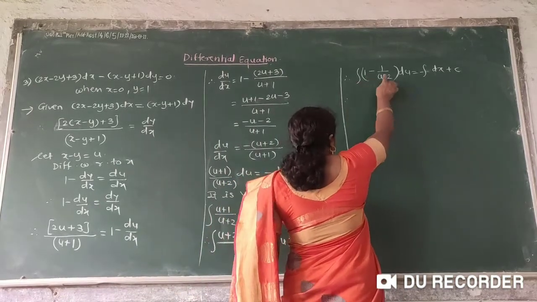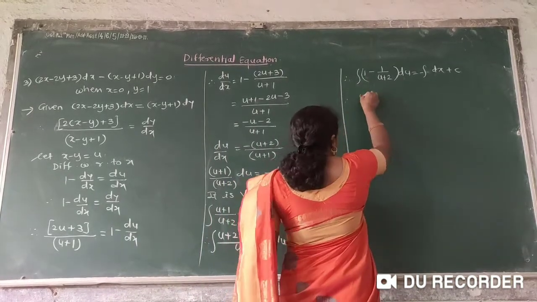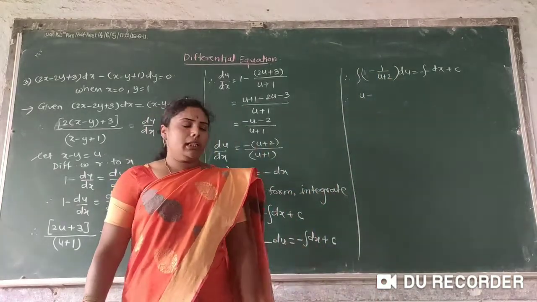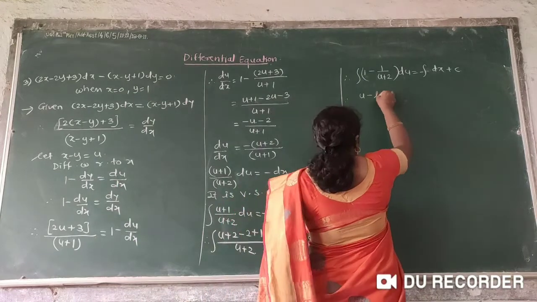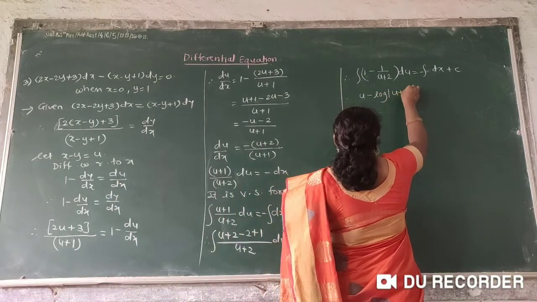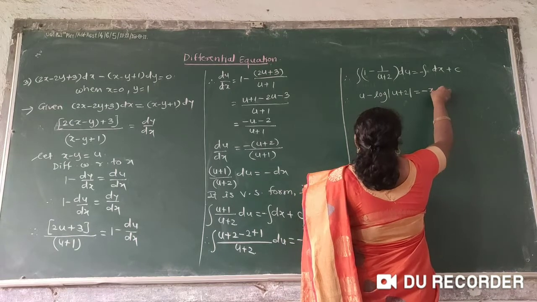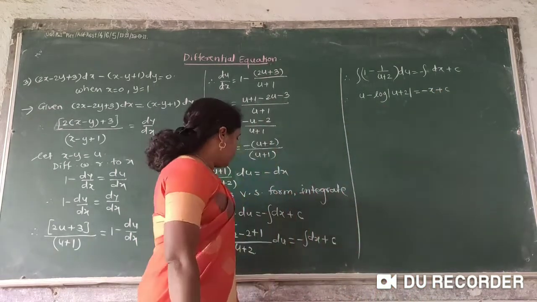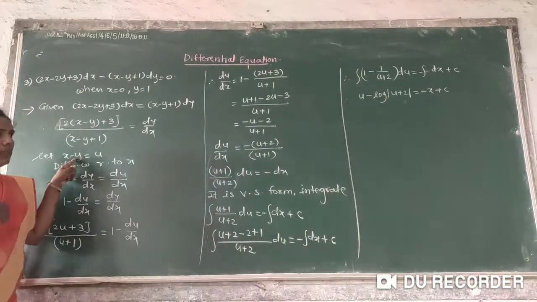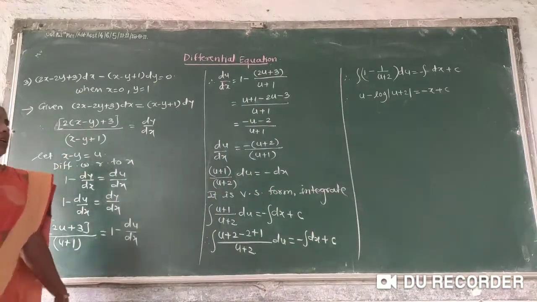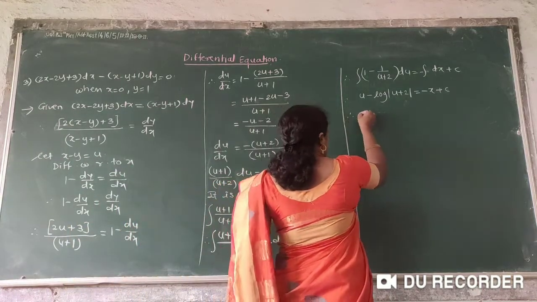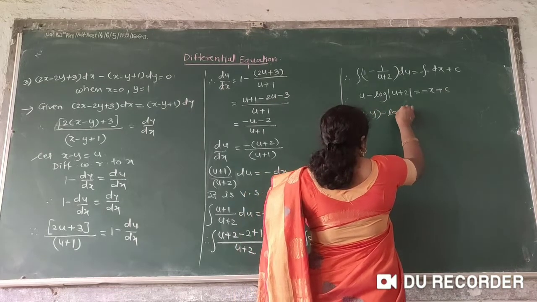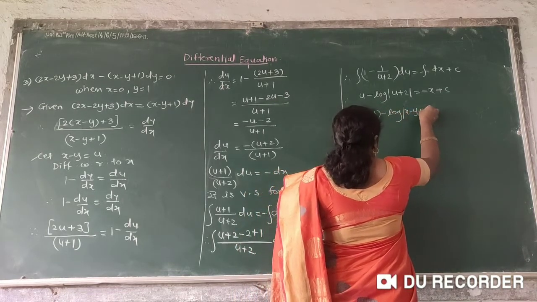Therefore, integration of 1 with respect to u is u minus integration of 1 upon u plus 2. u plus 2 is the linear term, therefore its integration is log mod of u plus 2 equal to minus x plus c. Therefore, substitute the value of u. Value of u is x minus y. Substituting this value, we get x minus y minus log of mod of x minus y plus 2.